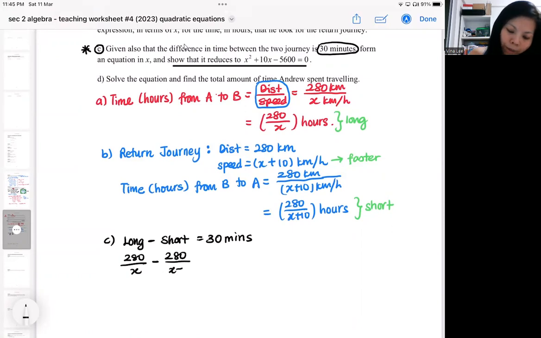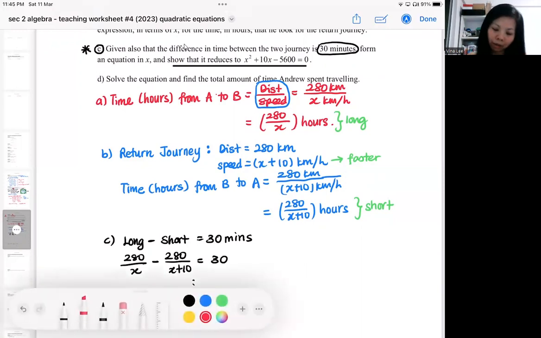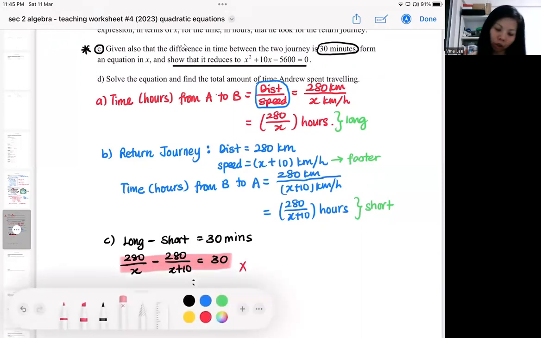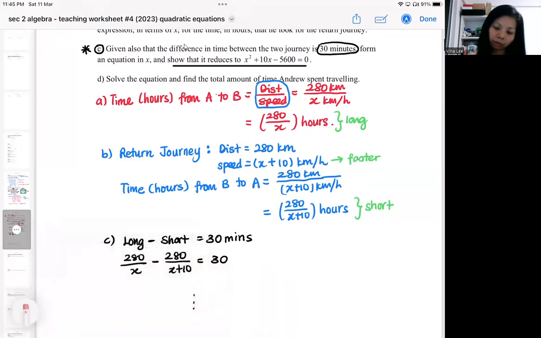Whoever doesn't pay attention to the unit will do this, and then they will try to prove. No matter what you do, if you have this part like this, you will not get the equation because the units don't match.